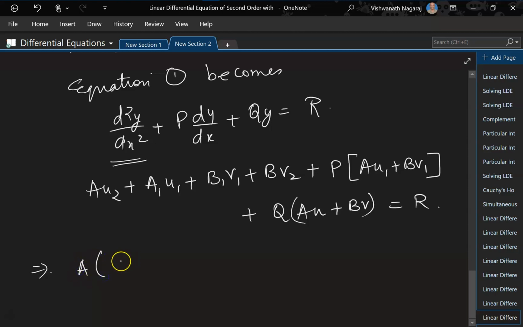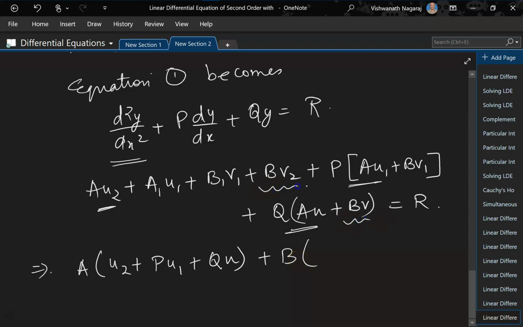So a would be u2 plus pu1 plus qu, plus b would be bv2 plus pv1 plus qv.